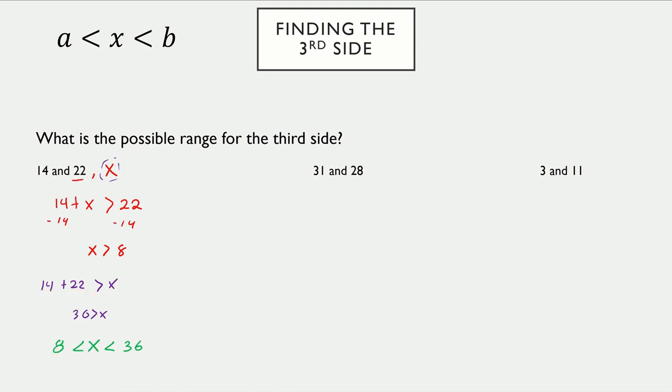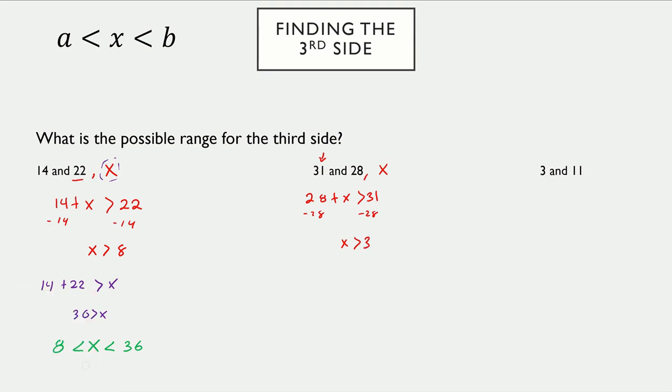And so same thing here, right? So if x is my third side, the first possibility is, what if 31 is my larger side? Well, if 31 is my larger side, that means that 28 plus x has to be greater than the larger side of 31. And since I solve for x here, I simply subtract 28 from both sides, and I get x to be greater than 3.